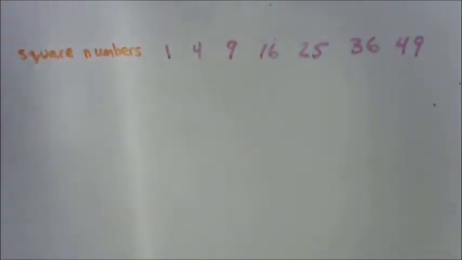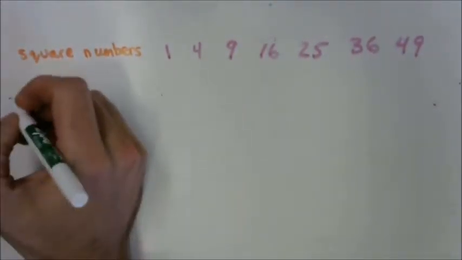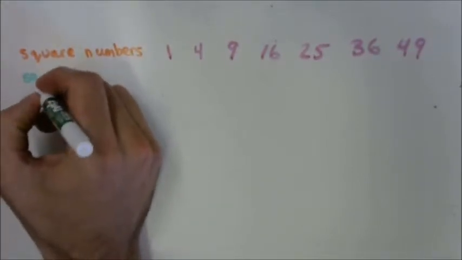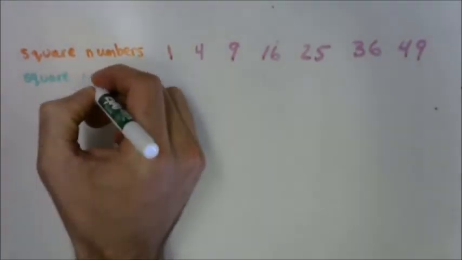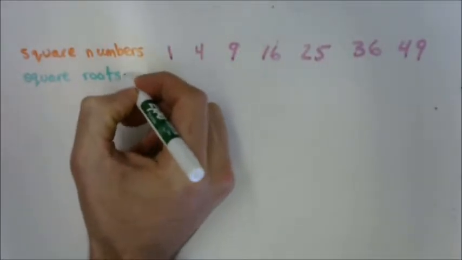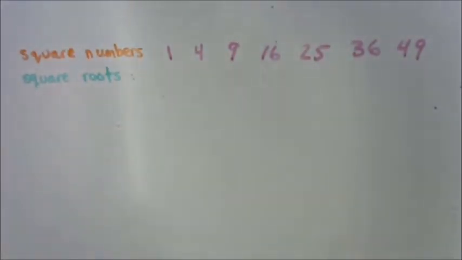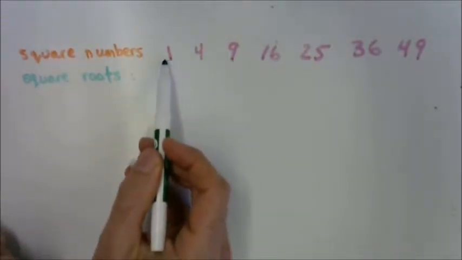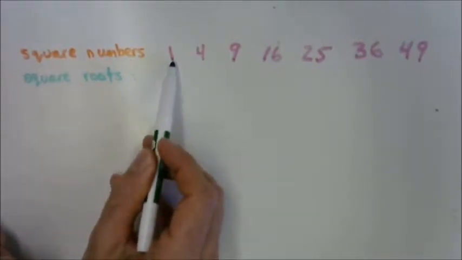They can be squared or square root. The square root of 4 is what? 9. What's the next one? Okay, let's talk about square roots. Do you know what square roots are? Square roots are a number that when you multiply it by itself, it becomes a square number.